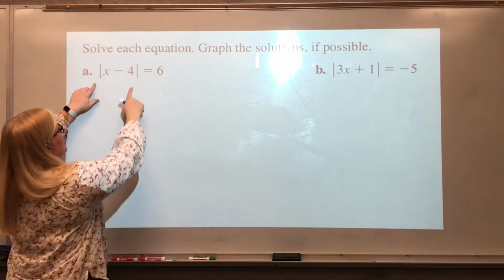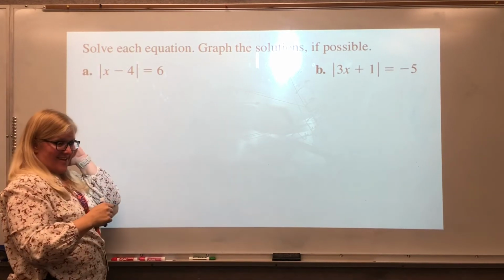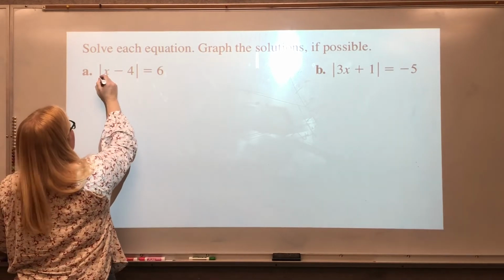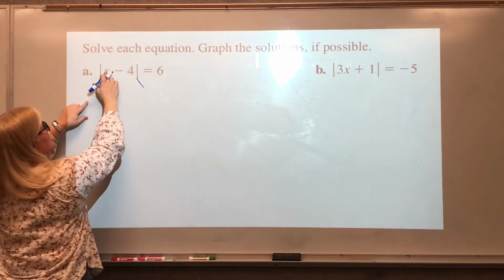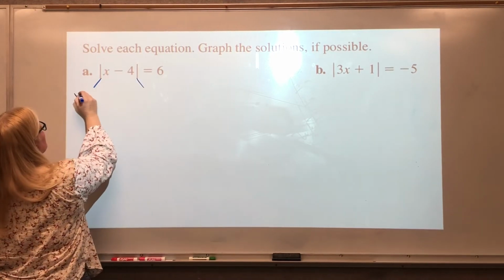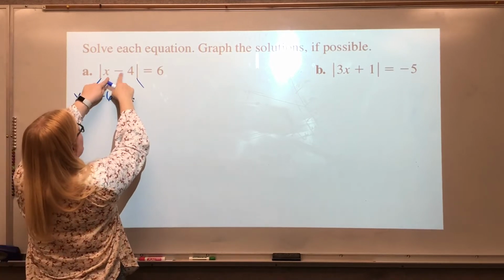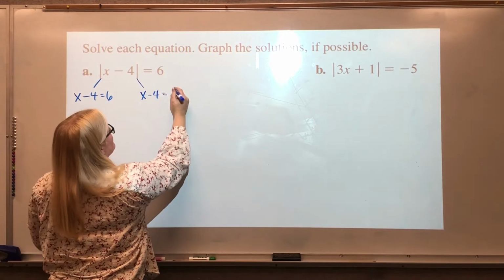So when I'm solving this, this reminds me of jail. And to get out of jail, we have to have 2 equations. One is exactly what we've got. And the other one is x minus 4 equals -6.